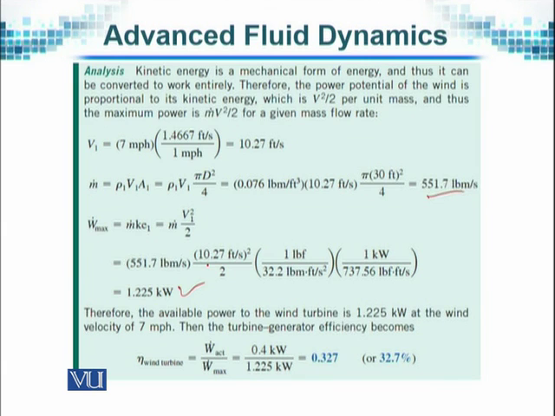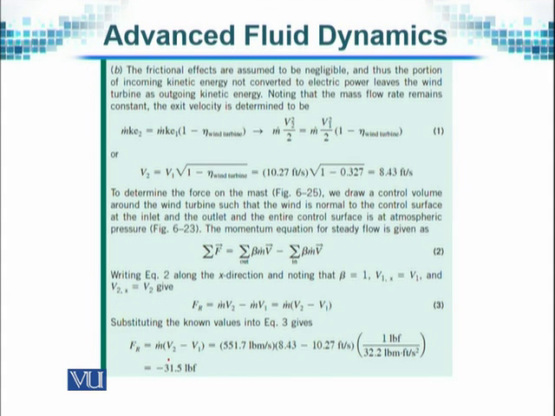And here you note that eta is being used as efficiency of the wind turbine, whereas we also use eta for coefficient of viscosity. But here in this context, this is being used as the ratio that determines the efficiency of this wind turbine.